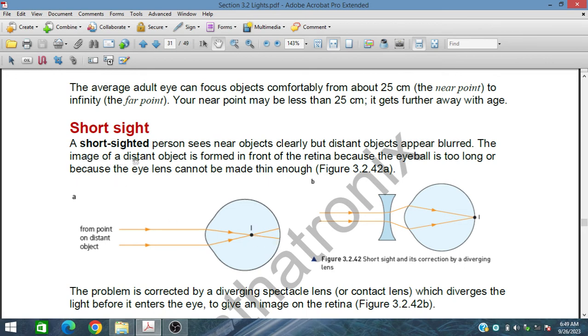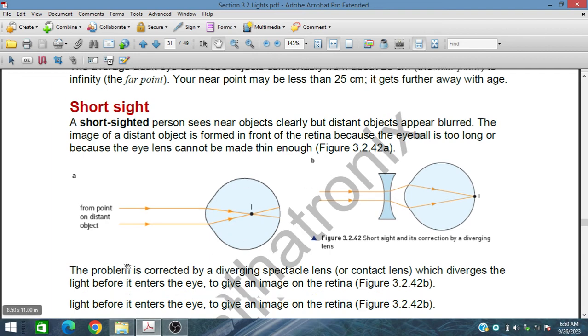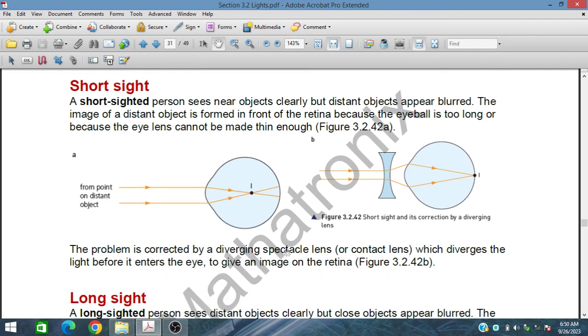The image of a distant object is formed in front of the retina because the eyeball is too long, or because the eye lens cannot be made thin enough. Figure 3.242a. The problem is corrected by diverging spectacles.